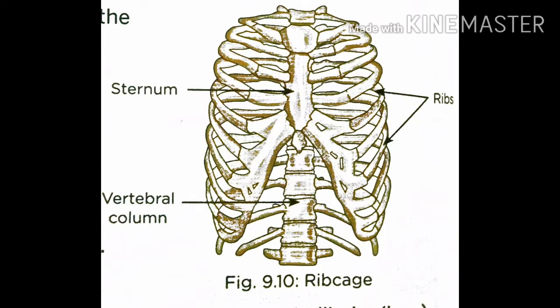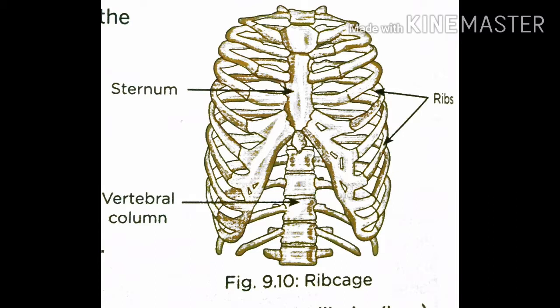It is a protective as well as flexible structure that moves up and down. During breathing, the rib cage moves up and down because the bones are very flexible.